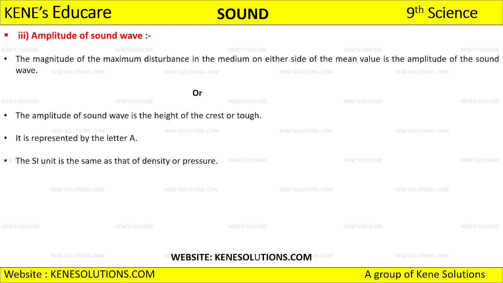But if you have to write it, you can write any of the two, and you can even define amplitude as the magnitude of the maximum disturbance in the medium on either side of the mean value is the amplitude of the sound wave.